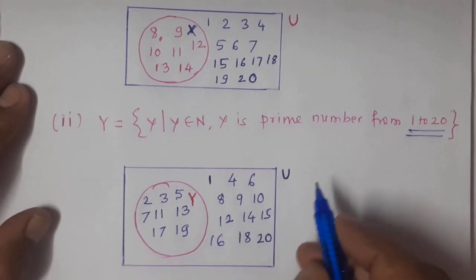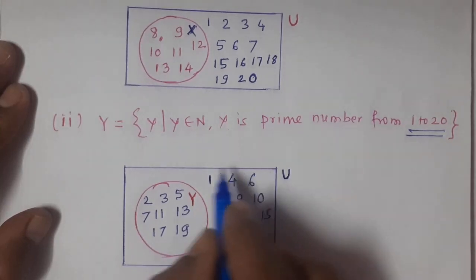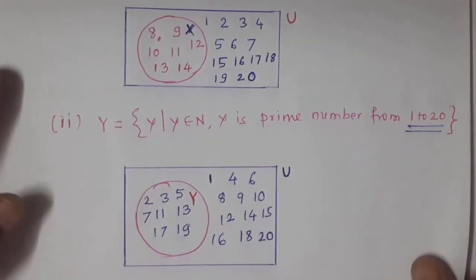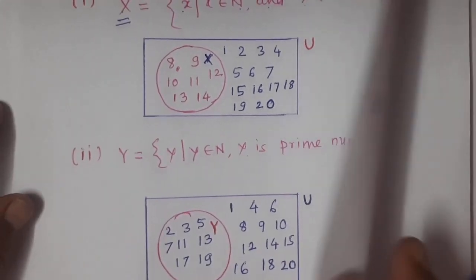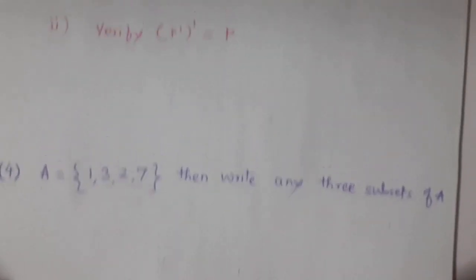So this is the universal set. Like that you have to represent with the help of this Venn diagram.